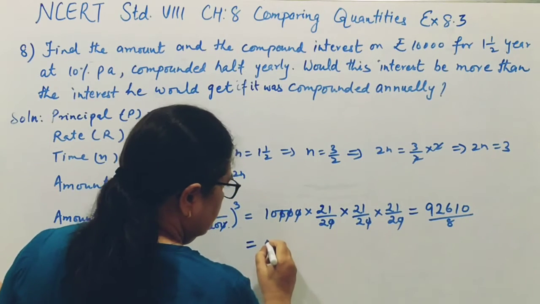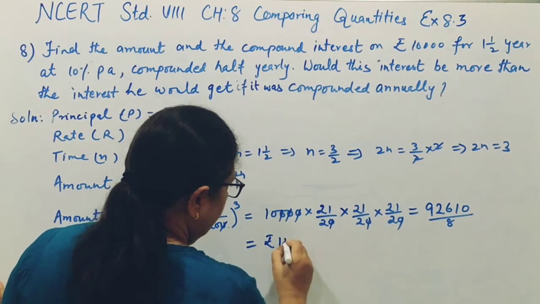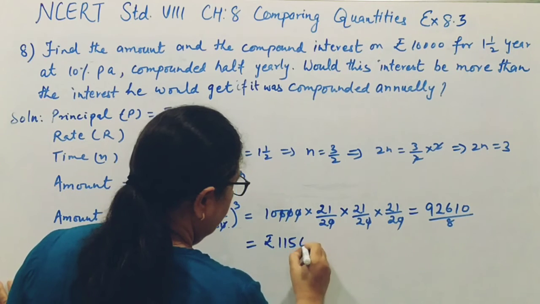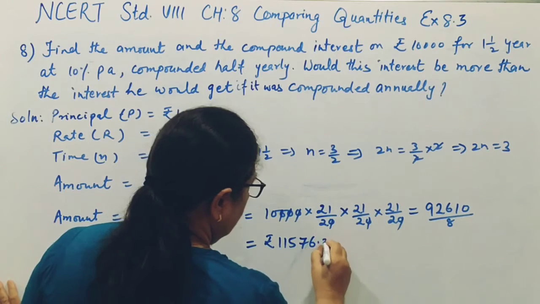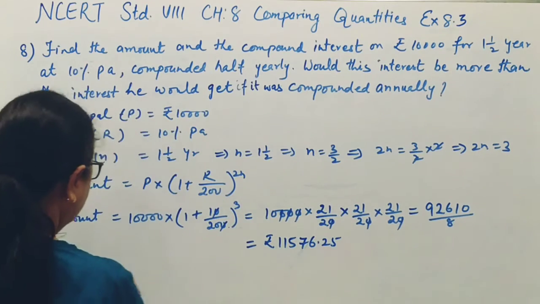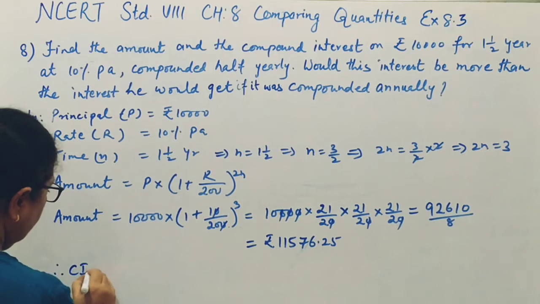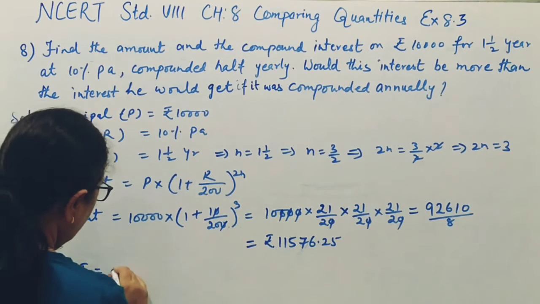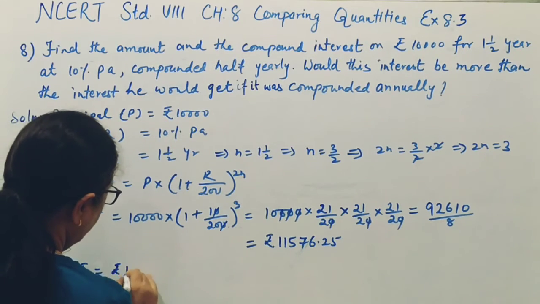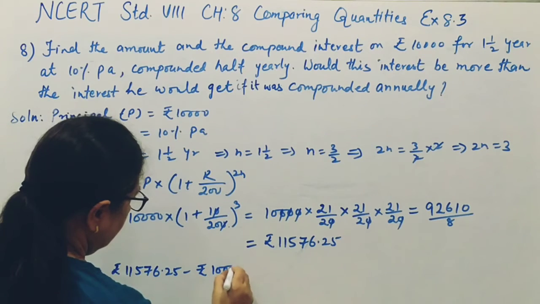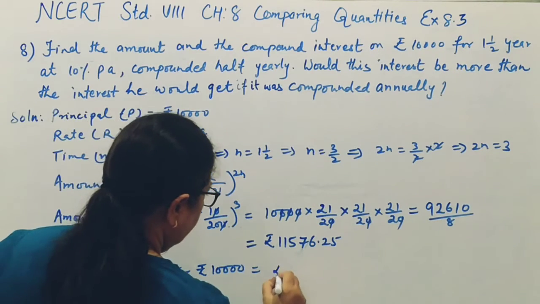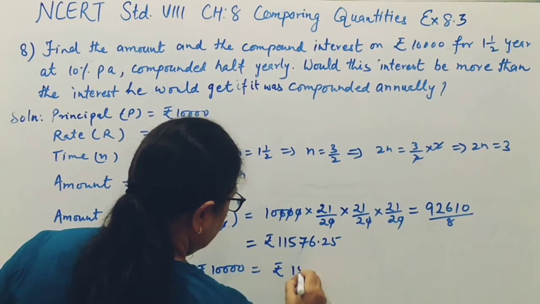After simplification, we get rupees 11,576.25. This is the amount. Therefore, compound interest is equal to amount minus principal. So we will get rupees 1,576.25.